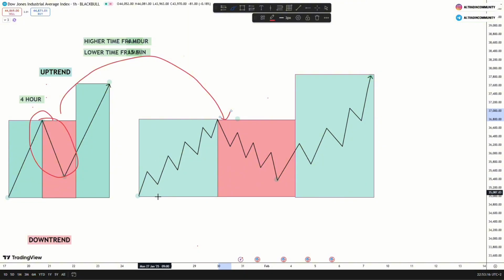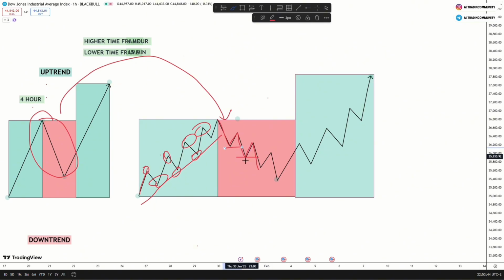In the 15-minute, everything is going smoothly, creating higher highs and higher lows. But if you zoom in, you were expecting a pullback, and you can see that there is a break of structure. The market is creating lower lows, creating a high, creating a lower low, again breaking this particular low.